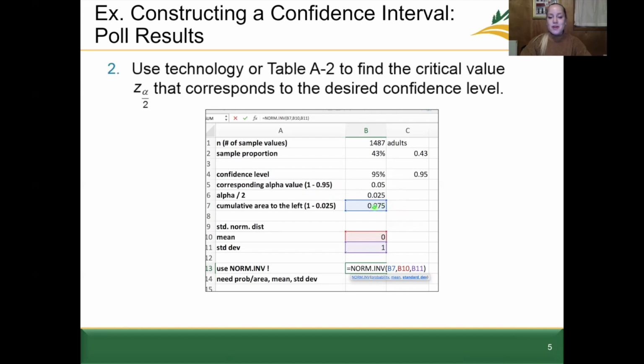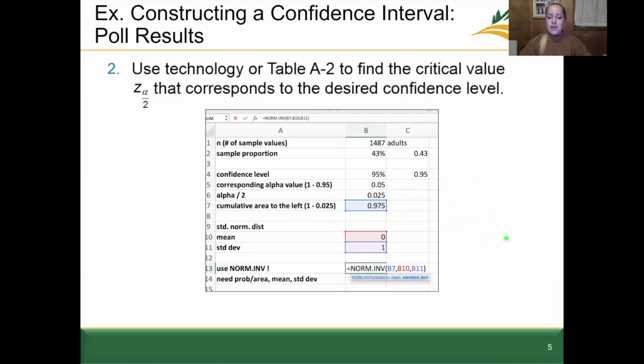Then I would picture my normal distribution curve, and I want to find the z-score that corresponds with the cumulative area from the left. When I found alpha over 2, that's the sliver of area that's on the far right-hand side. So I want to take 1, the total area under the curve, minus 0.025, so I get 0.975.